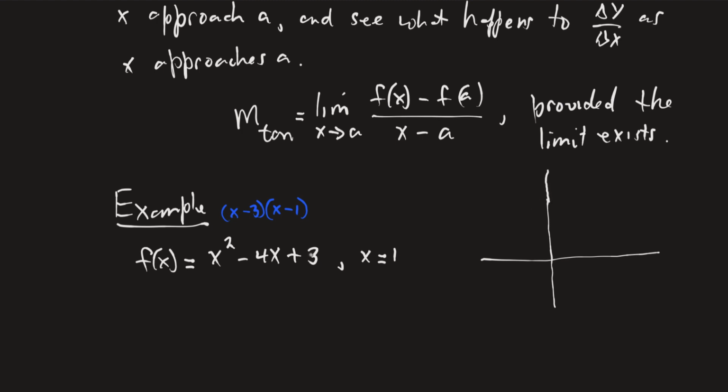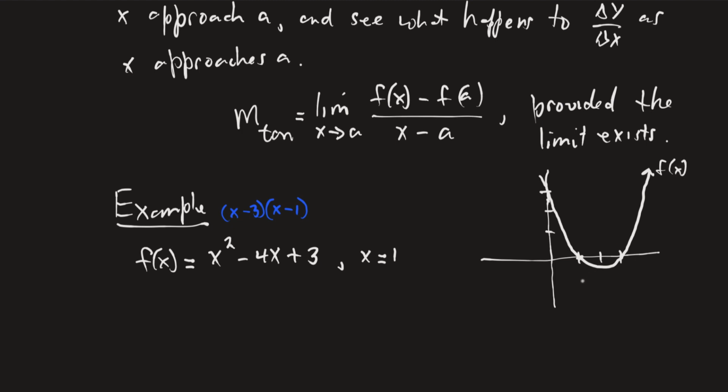And also looking at it, we could see that it has a y-intercept of 3. So lots of information we can get pretty quickly. And so here is one root, here is another root, and let's say this is 1, 2, 3. So the parabola will look something like this, right? So that's the graph of f of x.